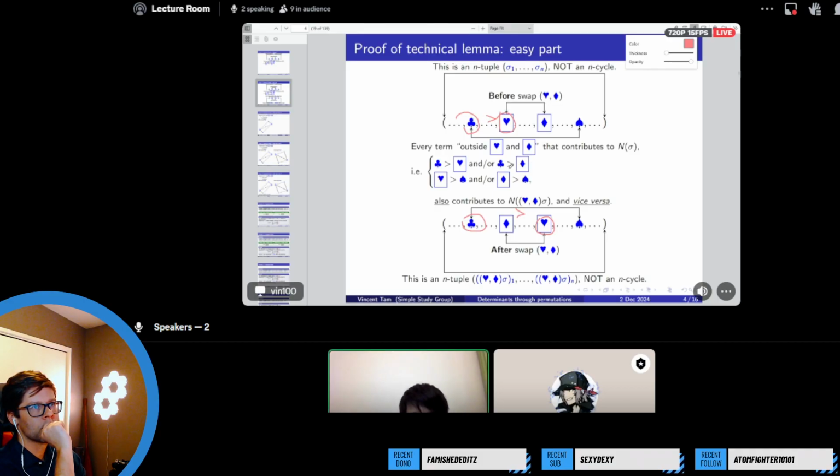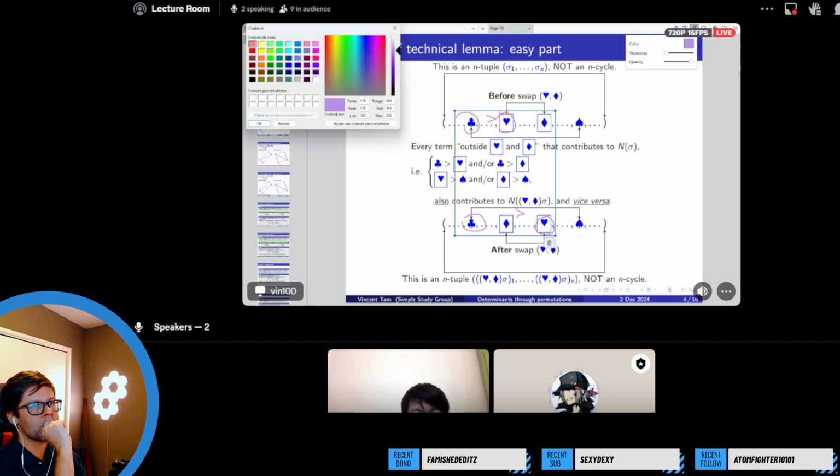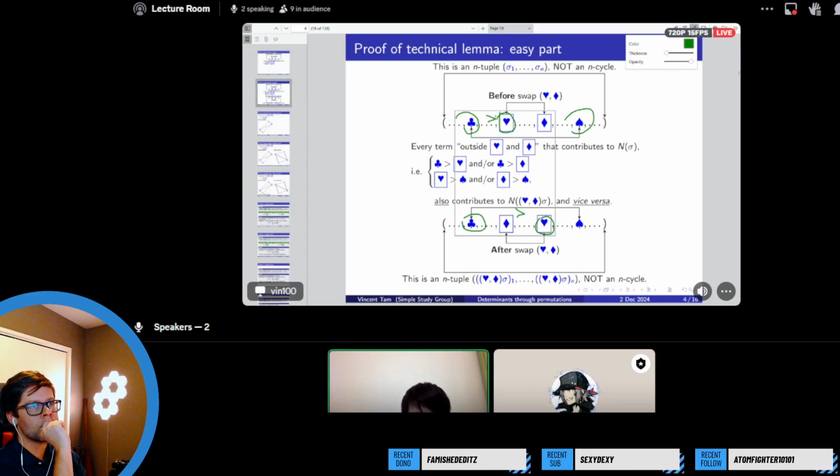And the same goes for another color. So for example, if I choose a spade, and the spade is larger than the tile, after the swap you still get the same kind of relation.